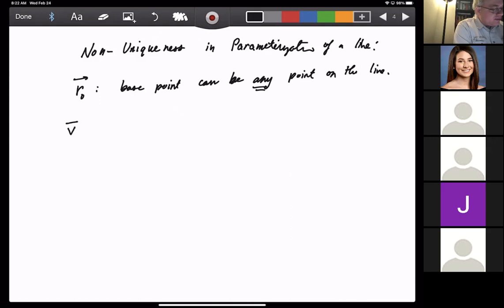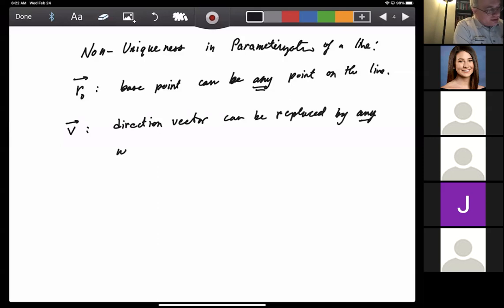And in the same way, the direction vector can be replaced by any non-zero scalar multiple of V. It's important that you replace your direction vector by a non-zero scalar multiple.